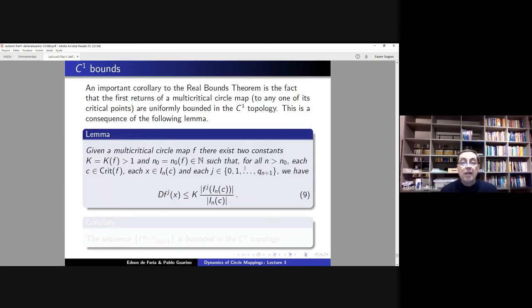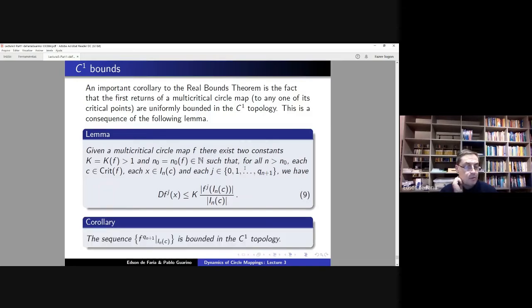So this is telling you that the renormalization, which is this rescaled return map, has uniformly bounded derivative. This is an important fact. It's known as the C1 bounds, and informally it can be stated as this corollary, that the sequence f qn plus 1 restricted to I sub n of c is bounded in the C1 topology.